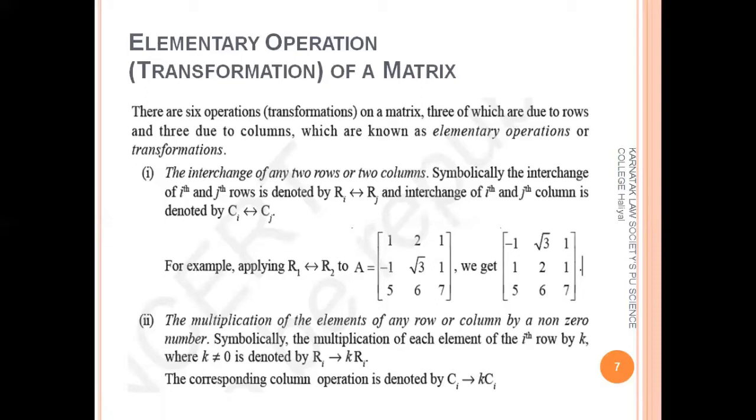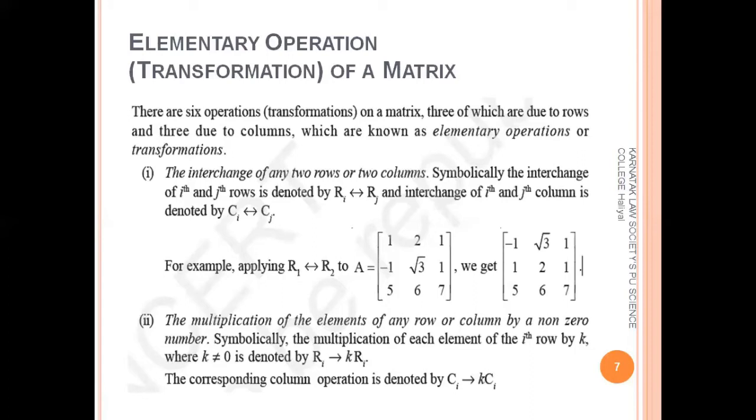So R1 → 2R1 indicates that you need to multiply R1 by 2. Similarly, Ci → kCi is for columns.